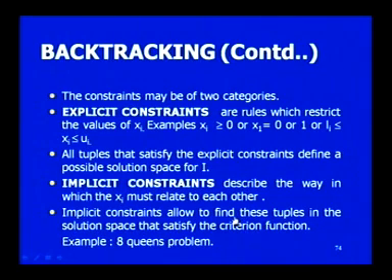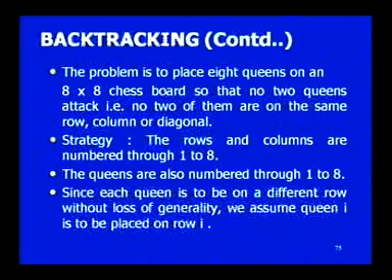So, in this case we are taking certain criteria from the problem itself, and using that we are going to restrict the solution space that exists. I can give you a small example of the nature of problems that are encountered in backtracking.